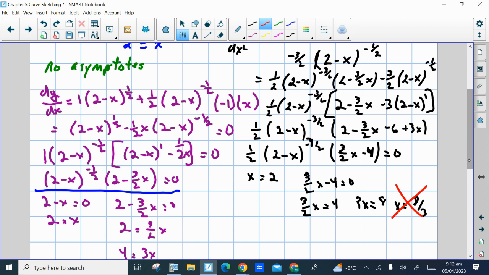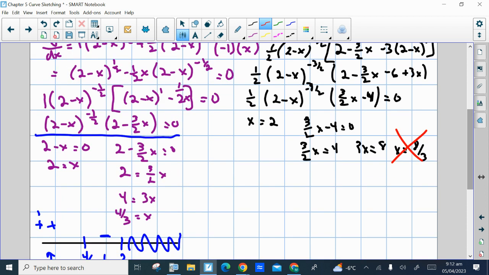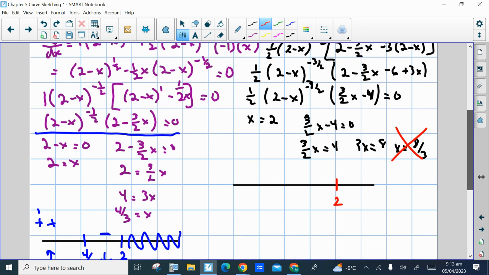If we set up our number line, that's the only number that's going to be on there. Our graph is not valid when x is greater than 2, only when it's less than or equal to 2. So if we choose a number in that interval, let's say the number 0, 2 minus 0 is positive 2. It doesn't matter that the exponent is negative.